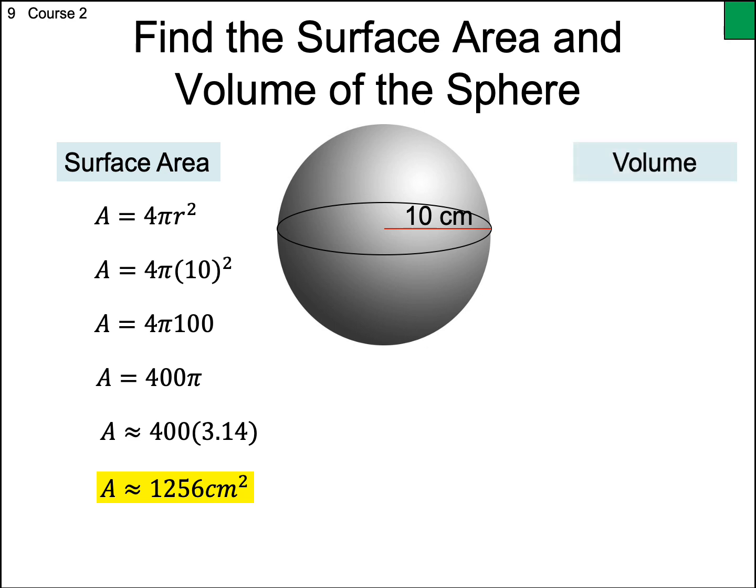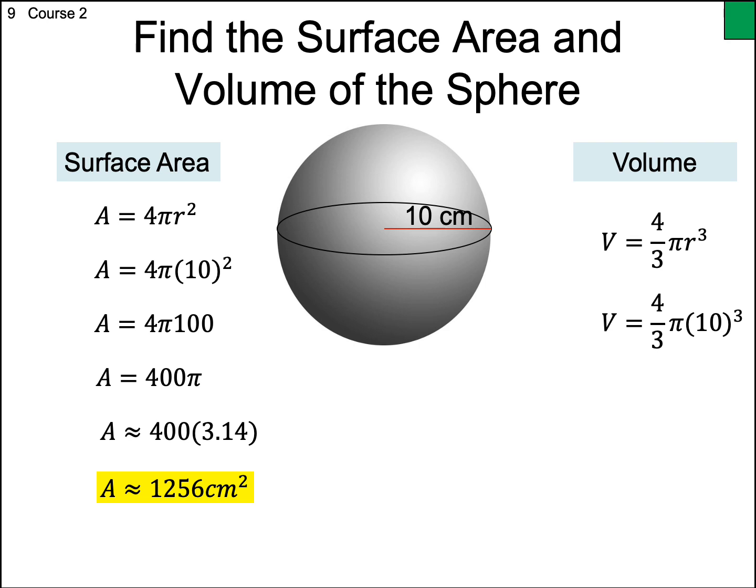Last one is a volume. Who's got this one? Rylan, wake up. Josh, what'd you get? Oh, good job. All right, let's see how we got that number. So it's 4/3 pi r cubed. Well, the radius here is 10. 10 to the third power is not 10 times 3. What is it, Aiden?